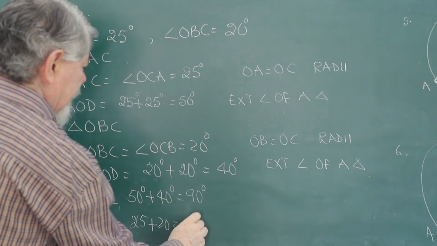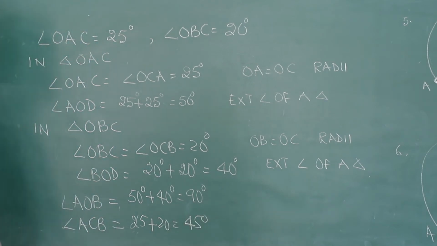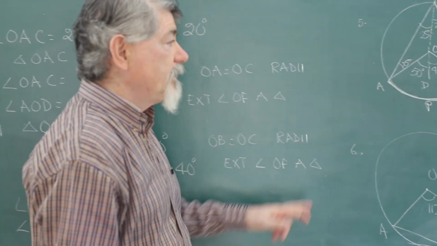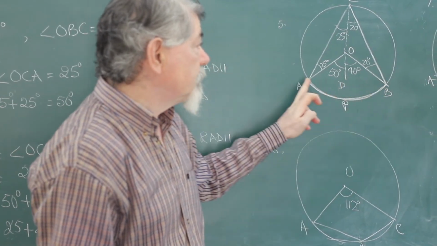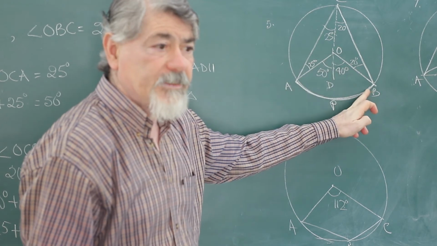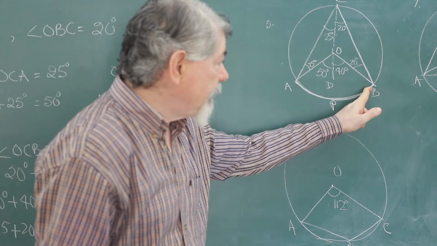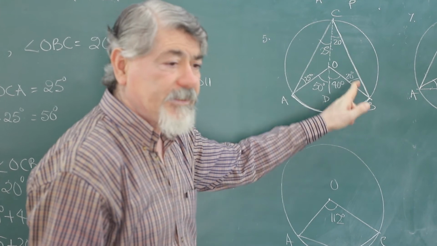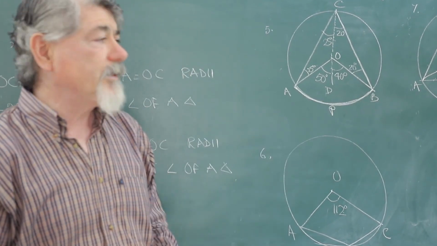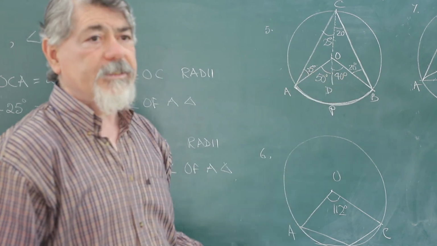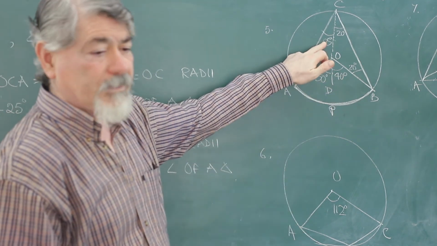It is perfectly alright. The angle at the center is double the angle at the circumference subtended by the same arc. The arc APB subtends angle AOB at the center, and the arc APB subtends angle ACB at the circumference. Then the relation between the two angles is that the angle at the center is double the angle at the circumference.